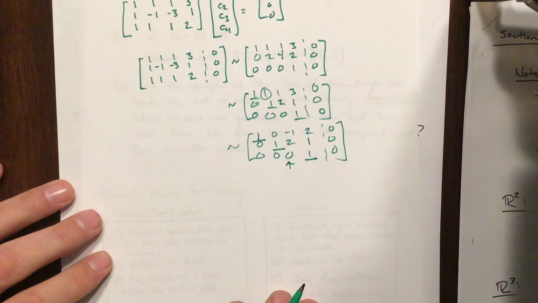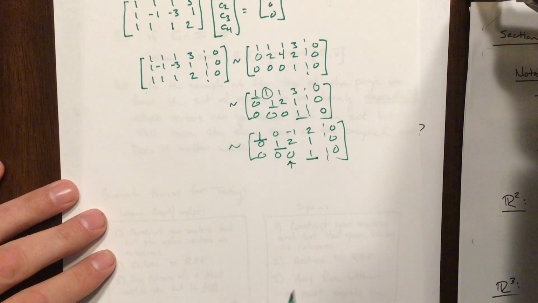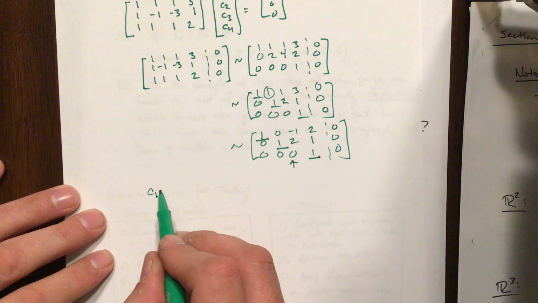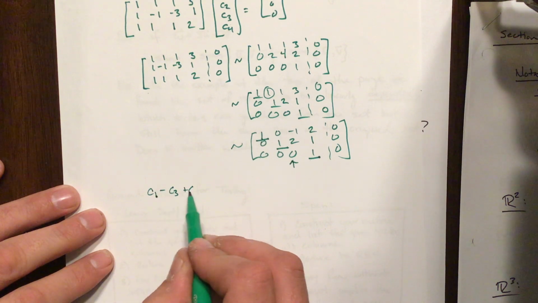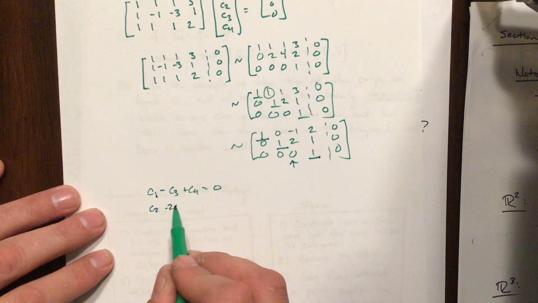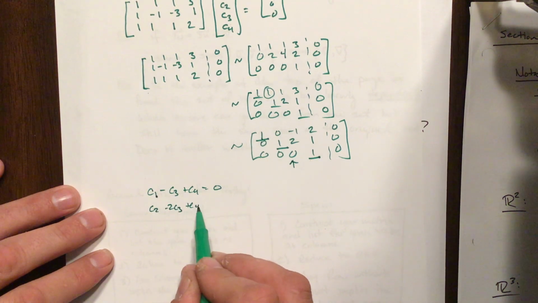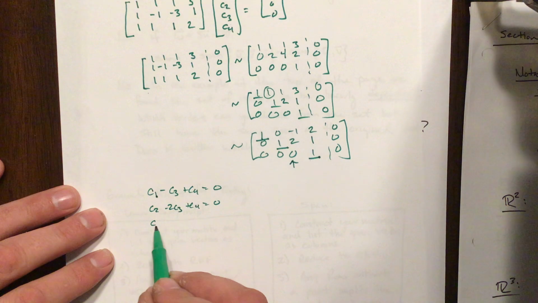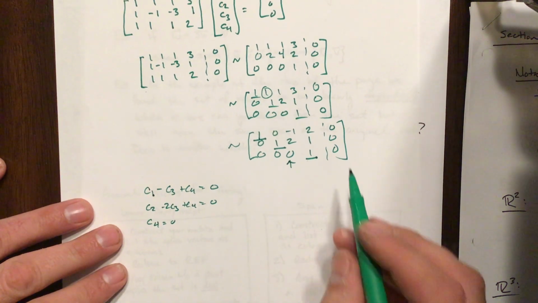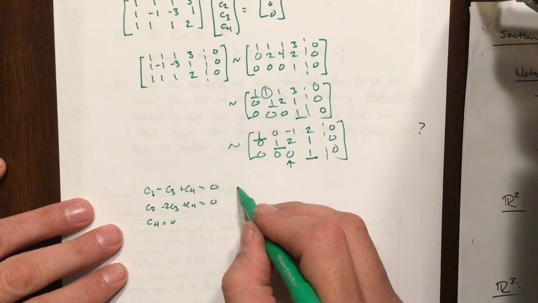So if we were looking at a solution, we could say C1 minus C3 plus C4 is equal to 0, C2 plus 2C3 plus C4 is equal to 0, and C4 is equal to 0. I guess it's not row reduced echelon form because there are no zeros above that, so let's do that.